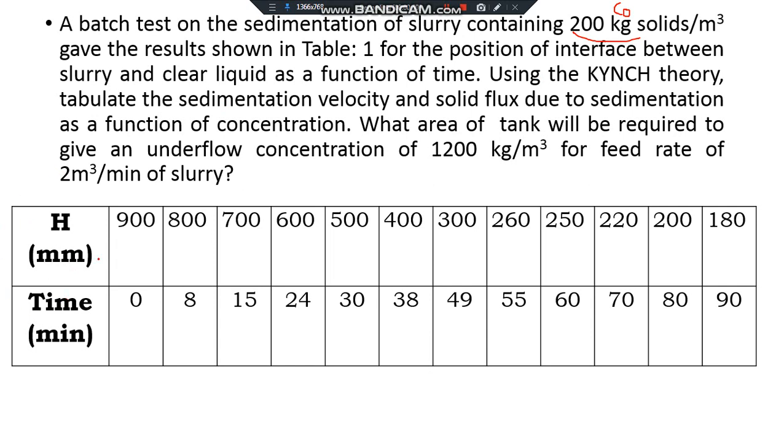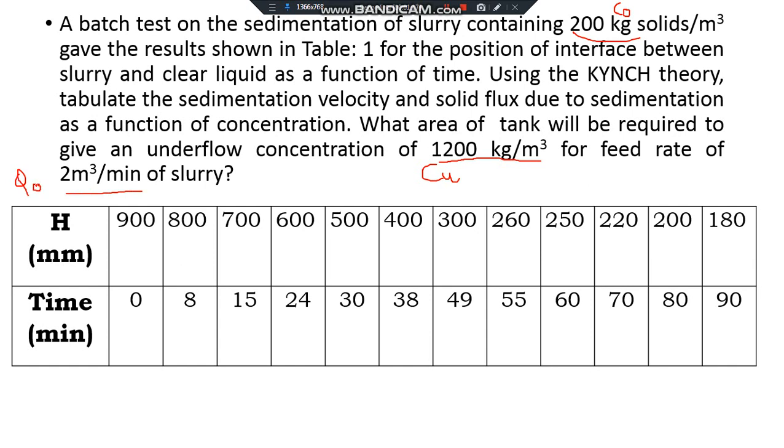Using the Kynch theory, you have to tabulate the sedimentation velocity and the solid flux. What area of the tank will be required for underflow concentration Cu, the concentration of the underflow that is given to you, for the feed rate of 2 meter cube per minute? So this is my feed rate, that is Q0.